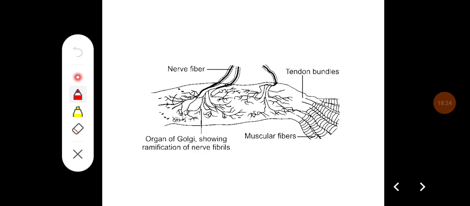So this is the structure of the Golgi tendon organ, which is present at the end of the muscle fibers.